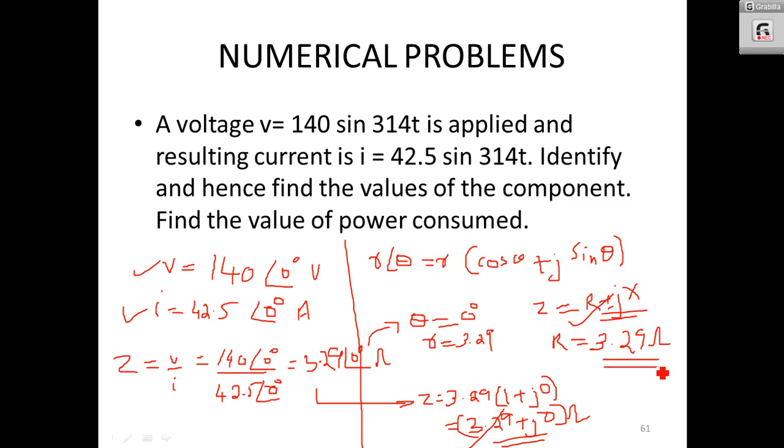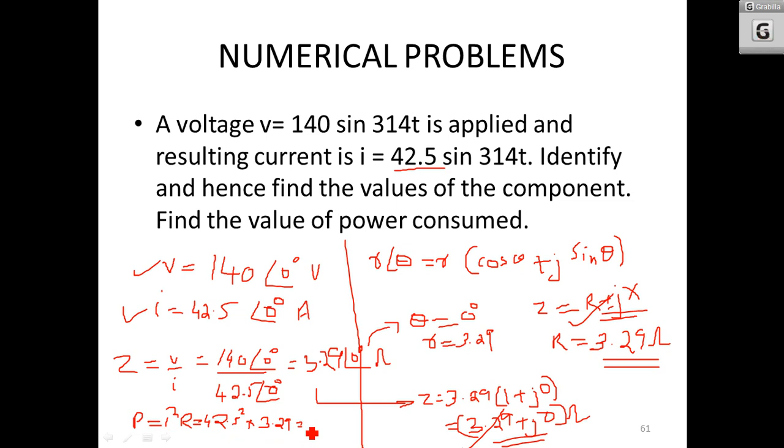Next thing is to find the power consumed. What is the value of current? Current is 42.5. So power consumed P is equal to I square R. That means it is 42.5 square into 3.29.